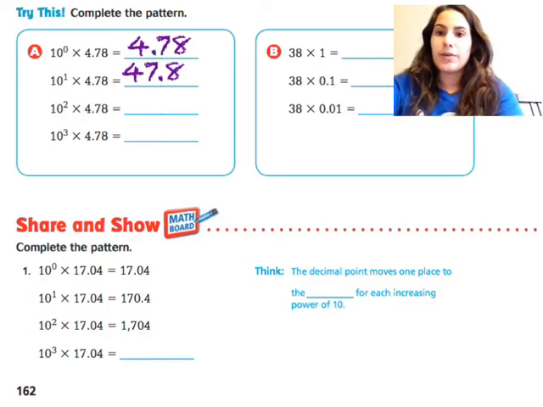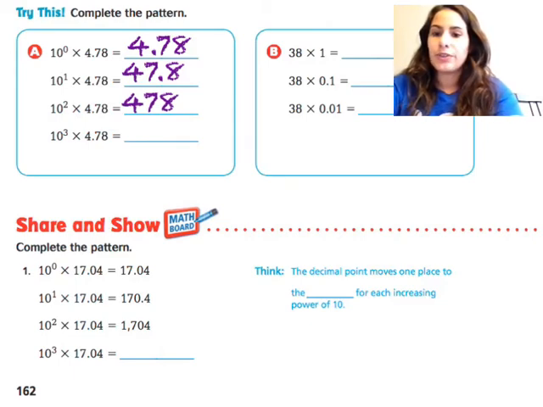10 to the 2nd power means 10 times 10, which is 100. 100 times 4.78 means I'll move my decimal place over 2 times. I'll get 478. 10 to the 3rd power means I'll move my decimal place over 3 times, and I will get 478, and I'll have to add a 0 on there because I have no other numbers.